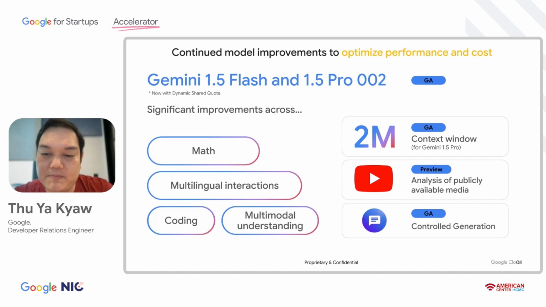Is my model going to support ingesting data from YouTube, or can I ground it using Google search capability? Can I link it up to Google Maps? Can I link it up to Google Flights? Things like that. So not just because one model might give you a good response, you cannot choose that because you might need a little bit more than just the model itself. So be mindful of that when you choose the type of model that you want to work with.